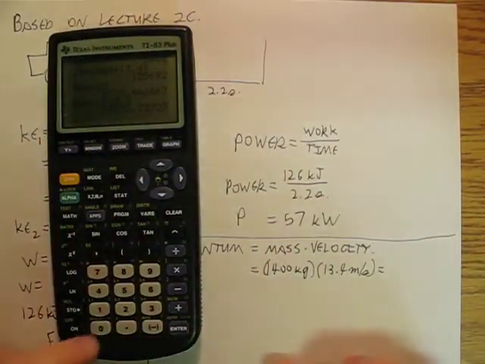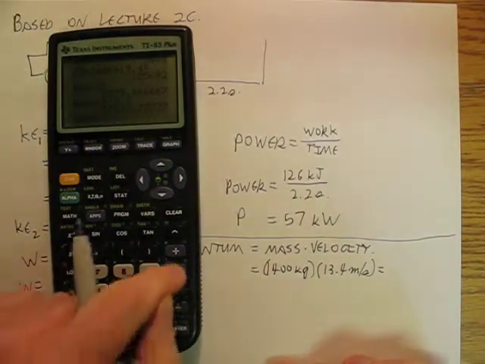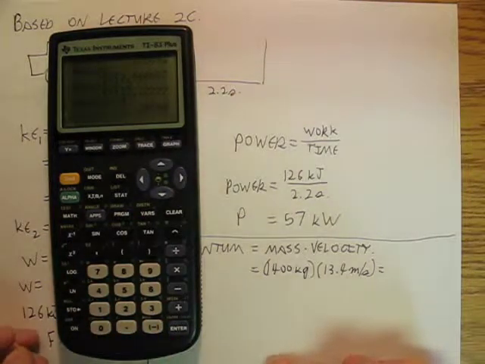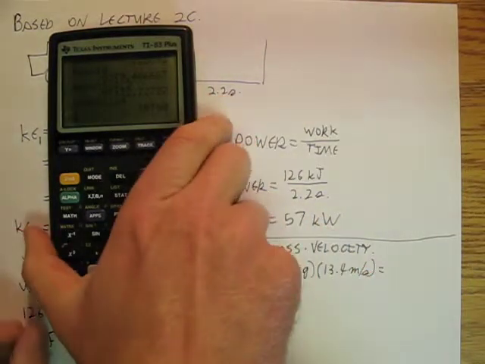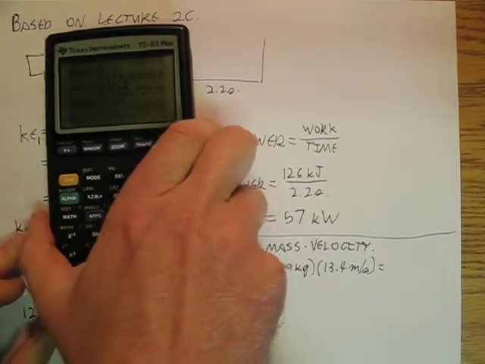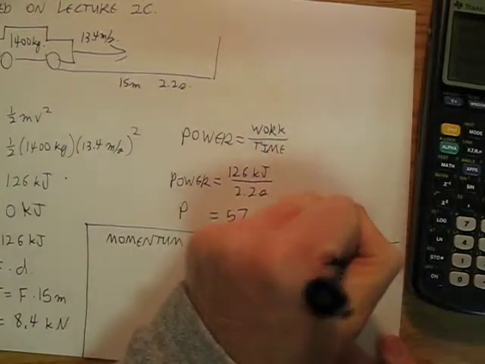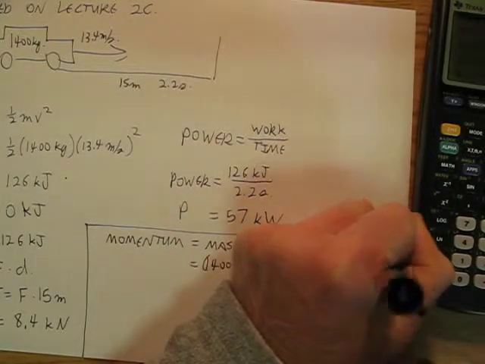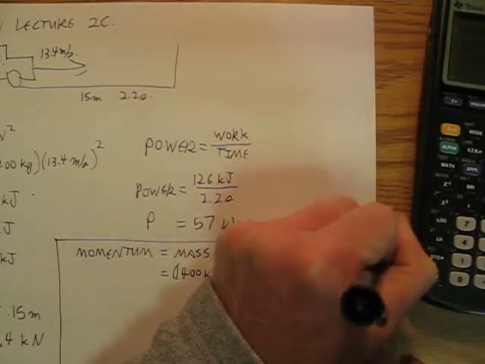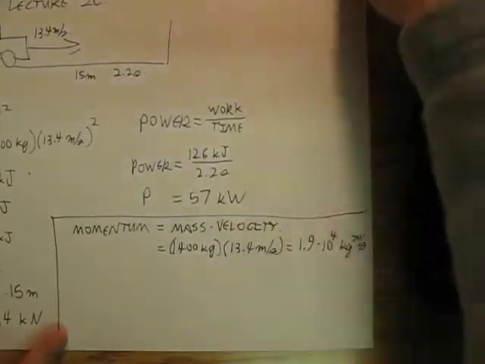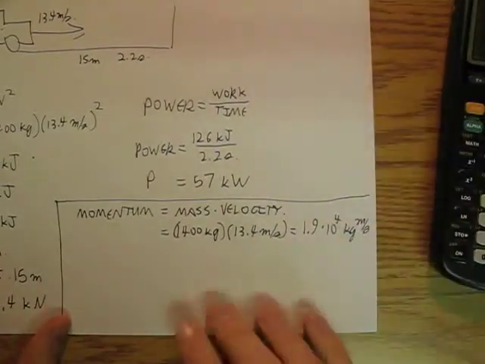So my momentum was 1,400 times 13.4, which is 1.9 times 10 to the fourth kilogram meters per second. And that's not going to have a fancy name on it, it's just going to remain as kilogram meters per second.